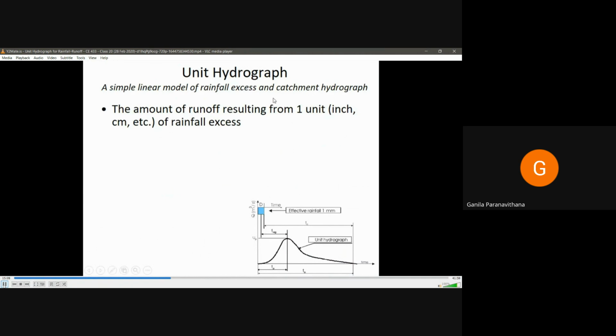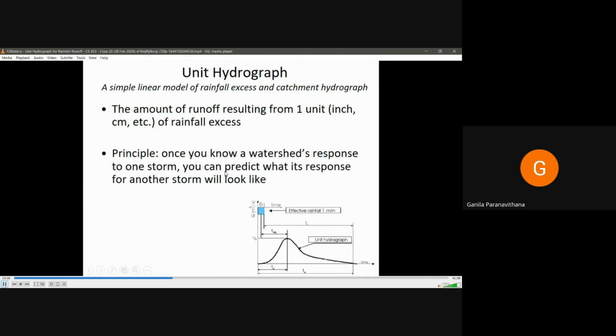meaning you've accomplished the abstractions and infiltration has been satisfied, so an inch of rainfall excess, what does the typical curve look like? The idea is that if you know what the watershed does for 1 inch of rain, then you can scale it linearly for 2 inches of rain. You just double the hydrograph. I should be really precise as I'm speaking.